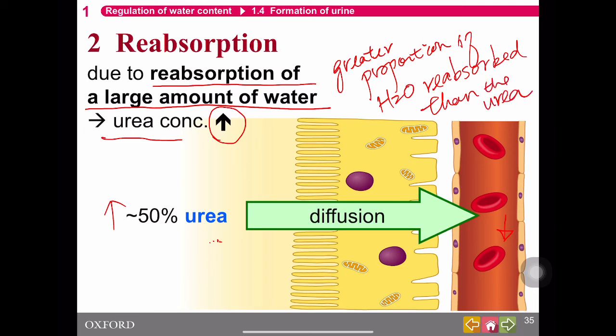Okay, so more water is reabsorbed than the urea. So you can understand why the urea concentration along the kidney tubule will become higher and higher. Okay, so remember this, how to describe this, because it is a commonly asked question in exercises.